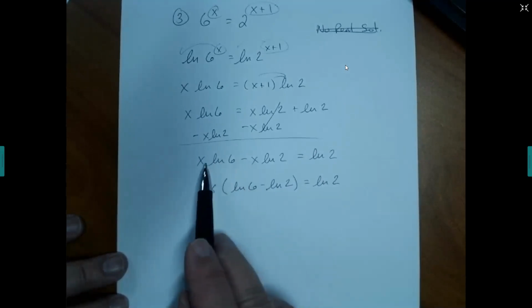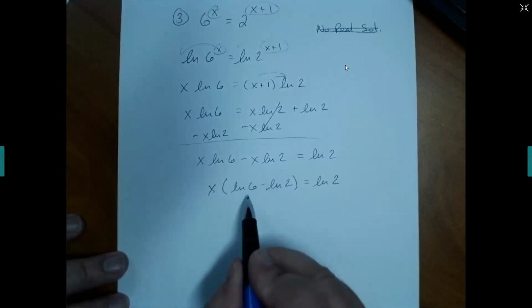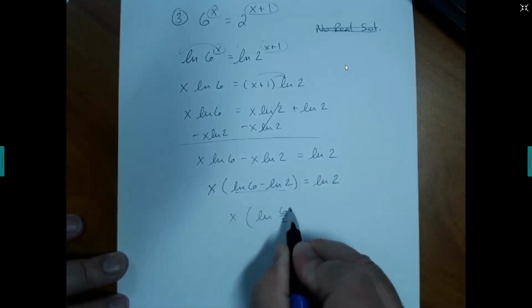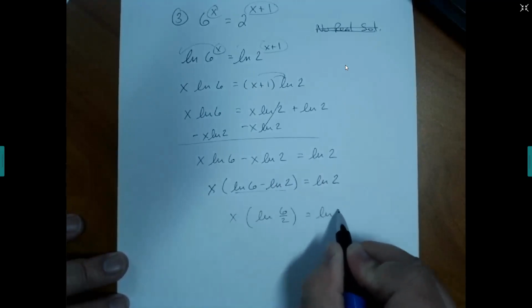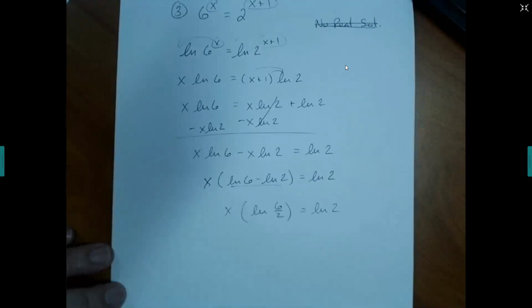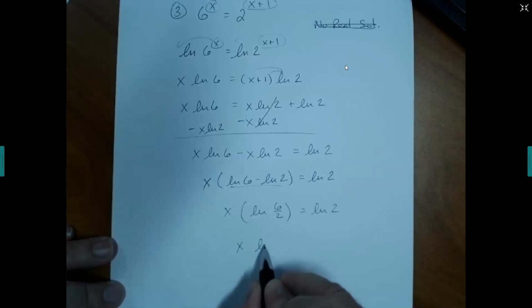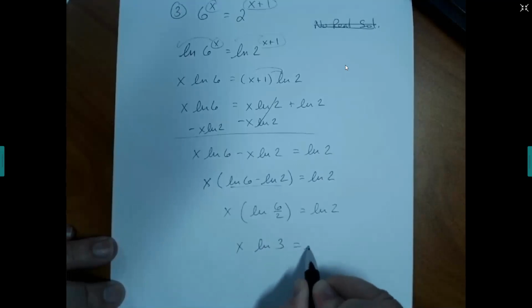Because we're solving for x, we have to get x by itself. So now we can make it into a fraction. x ln 6 divided by ln 2, 6 divided by 2 is 3.